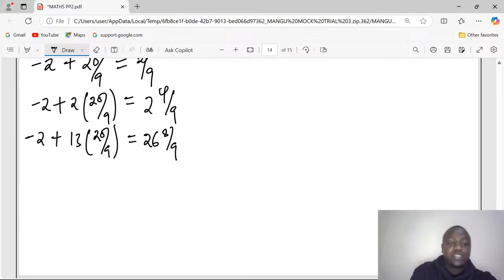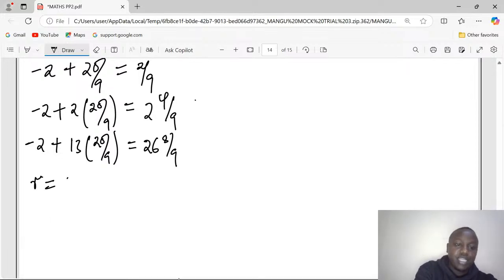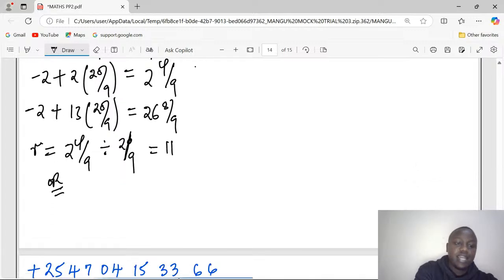If these are the three terms, we can get what we are calling now the common ratio. R equals, when we take this particular term, 2 and 4 over 9 divided by 2 over 9, this is going to be 11. The same can be confirmed by taking 26 and 8 over 9 divided by 2 and 4 over 9, which confirms to be 11.